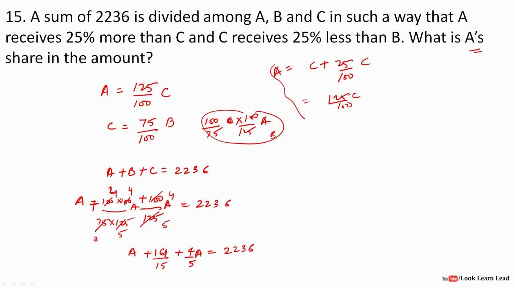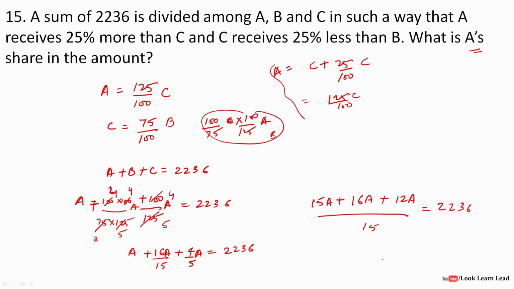Sorry, this is all A. When we sum it up, we can just take the LCM and solve. It is 15A plus 16A plus 12A, divided by 15, is equal to 2236. This sums up to 43.